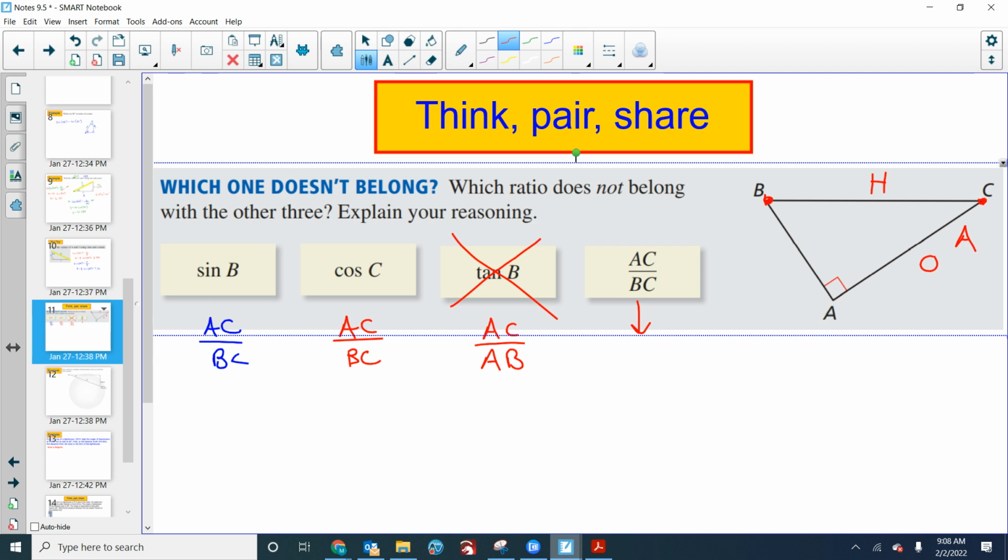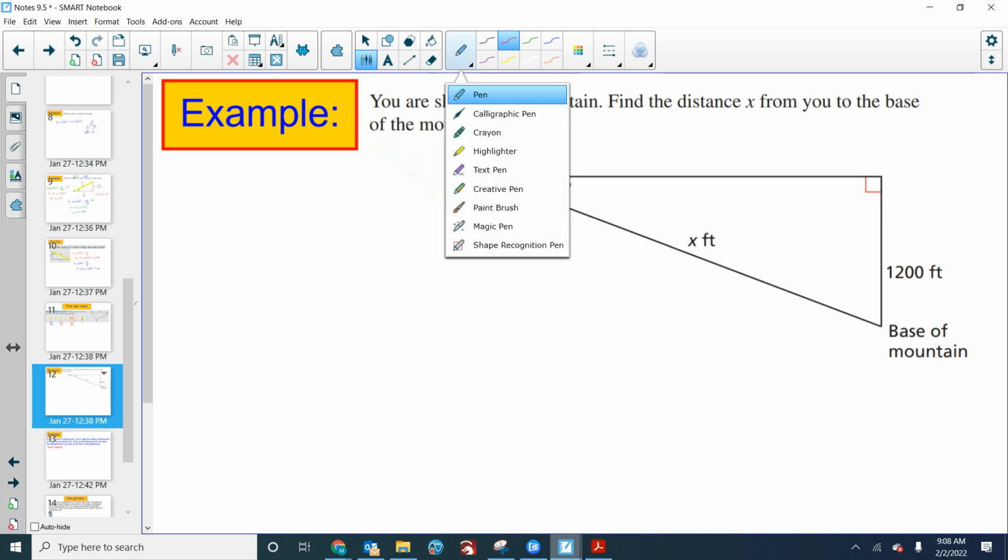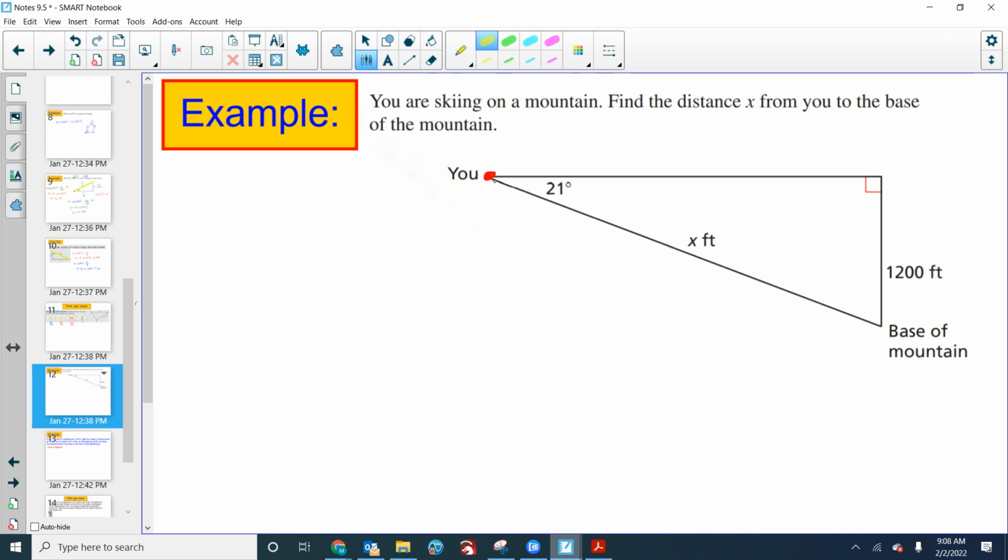All right. Well, let's do this one quickly to get to some of the applications. There's the acute angle. What are we trying to find? A leg or the hypotenuse in this one? Hypotenuse. There's the hypotenuse. Am I going to use sine, cosine, or tangent for this one? Not tangent.